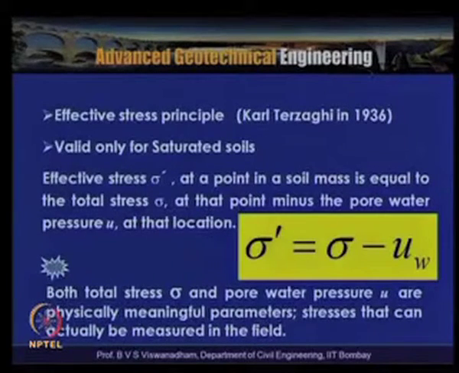Both total stress sigma and pore water pressure U are physically meaningful parameters that can be measured in the field. Effective stress sigma dash can only be computed from the measurements of total stress and pore water pressure.